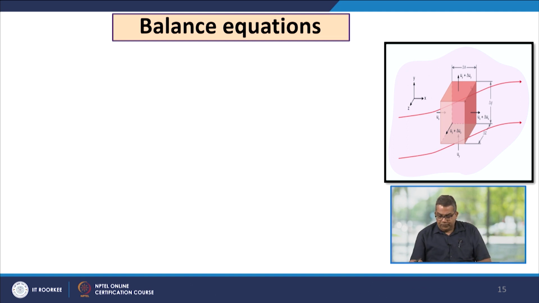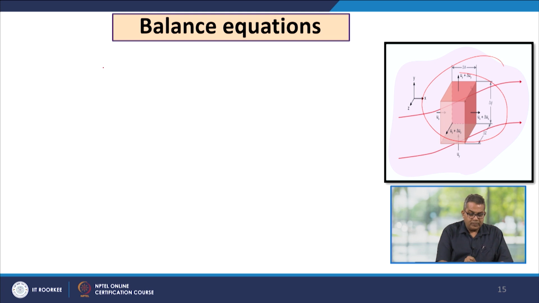Using the notation introduced in this figure, we can perform a volumetric balance in and out of the differential element, in the volume specific form by dividing the balance by the element's volume delta x into delta y into delta z.